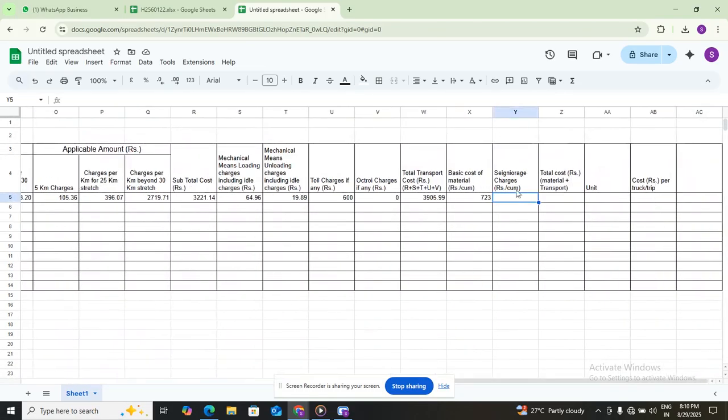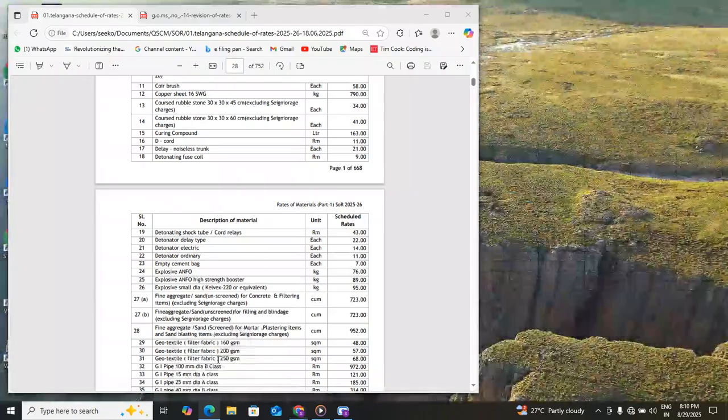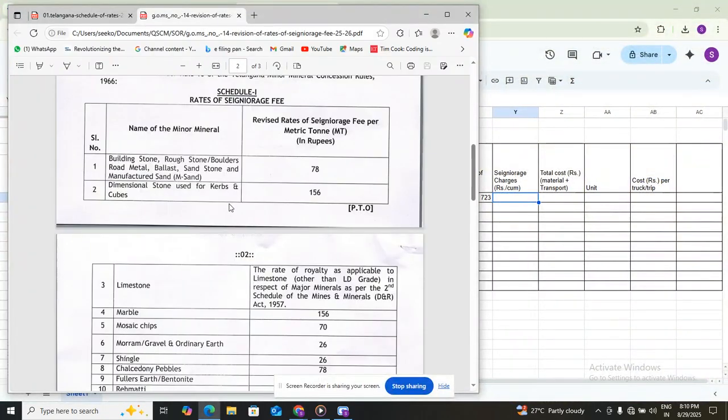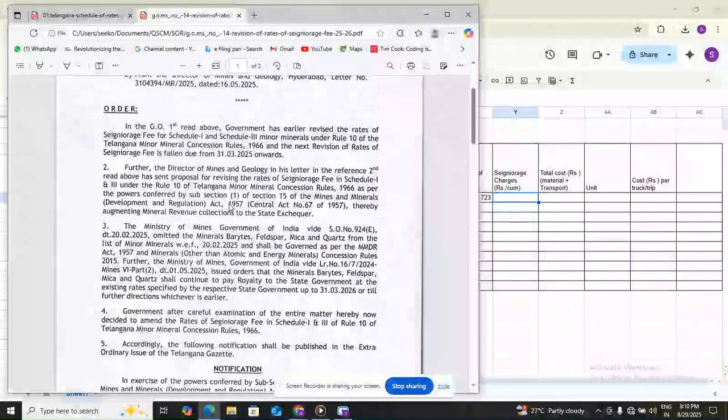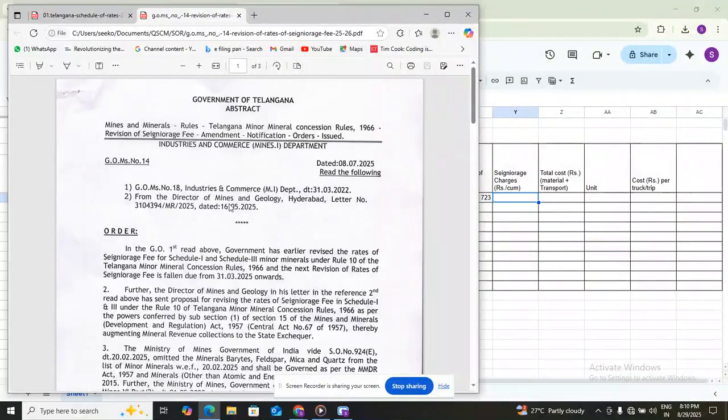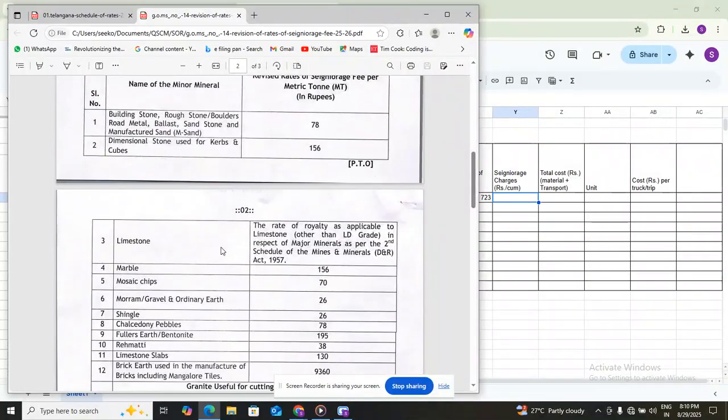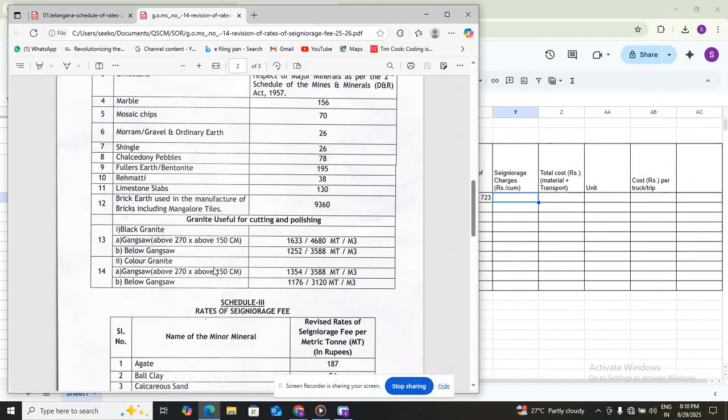What sewerage charges are applicable for sand? We need to check. This is separate. Sewerage charges are present state-wise. We are using Telangana state. What is the rate for sand?